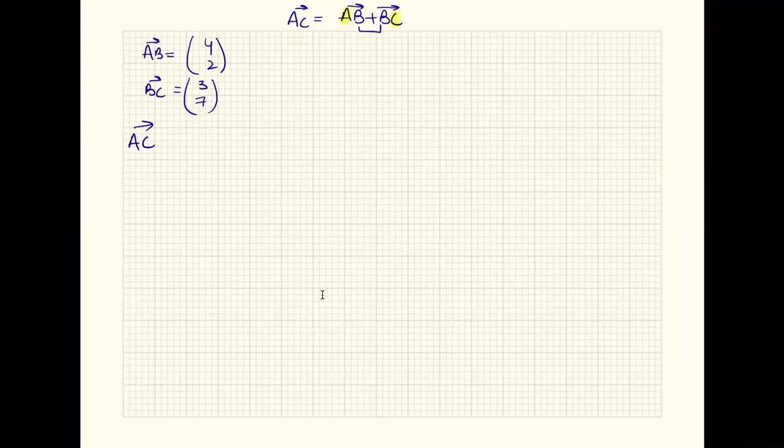So you have been given vector AB, that is (4, 2). If I take this as my starting point A, to mark the point B, I'll have to travel 4 units in the x and 2 units in the y from A. So that is my point B. This gives you vector AB.